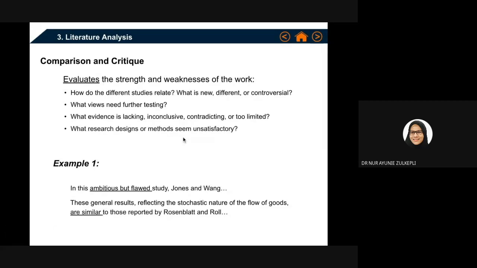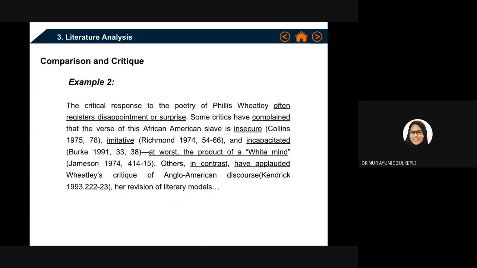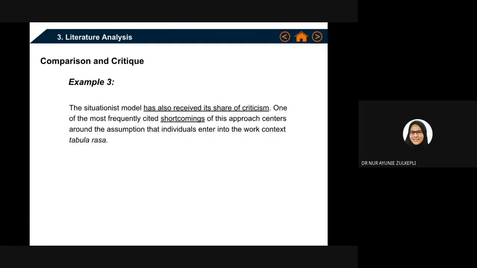So this is another way you can present it in your writing. I give you another example here of comparison and critiques. I think you can read through, and also example number 3, on how to do the comparison and the critique.